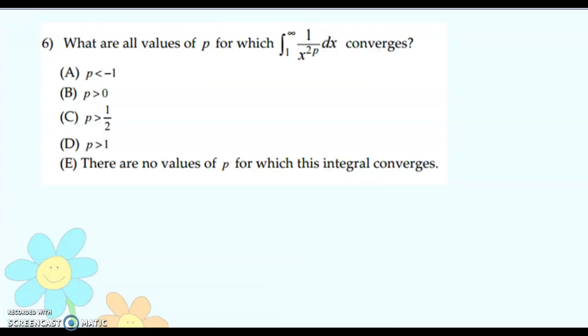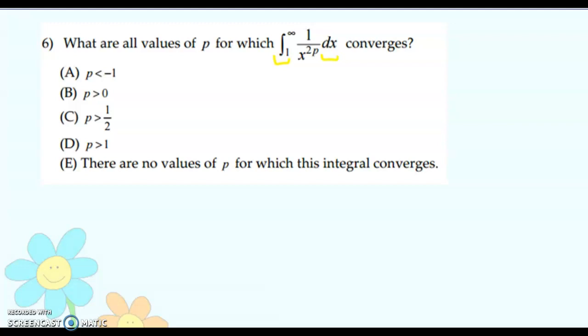Here's another one. What are all values of p for which the integral from 1 to infinity of 1 over x to the 2p dx converges? This doesn't quite look like a summation, but one of the things they're asking you to recognize is that this is our formula for what a summation is.